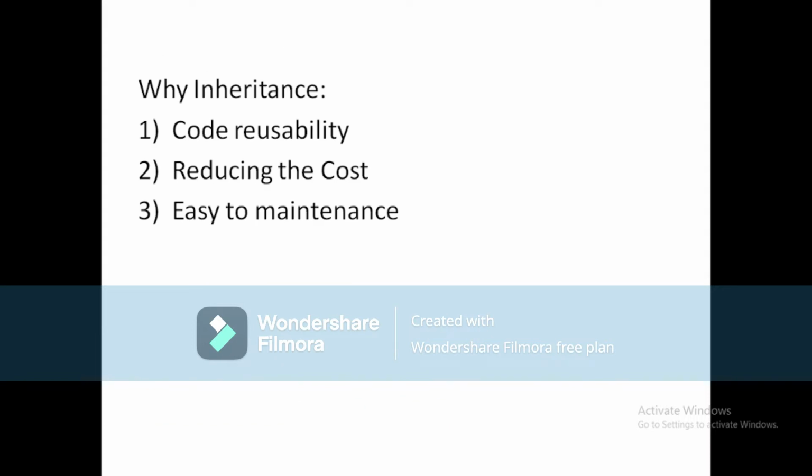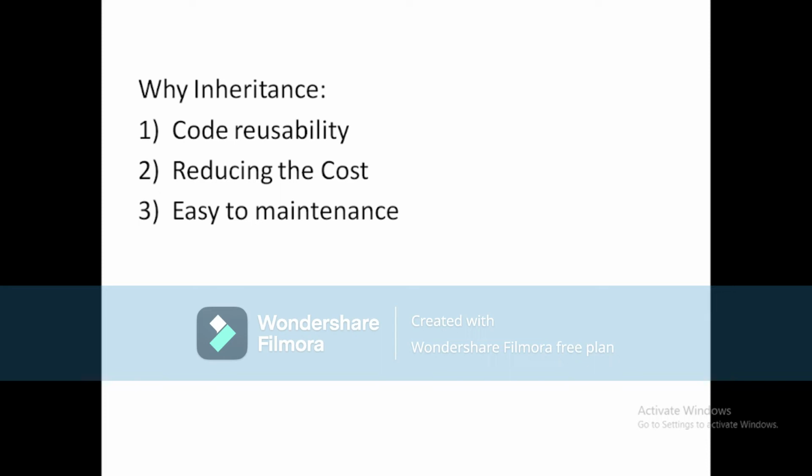Let me go to the next. So why is inheritance required? Basically, inheritance is required for reusability. In our case, we write a class that is the account. Then I created one child class which is SBI, and I extend the account class in SBI.